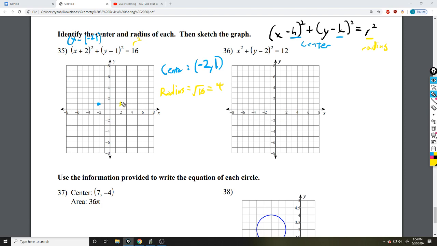So let's go 4 to the right, 4 down, 4 up, and 4 to the left. And then we'll trace around a circle. There we go. We've made our circle. Done.